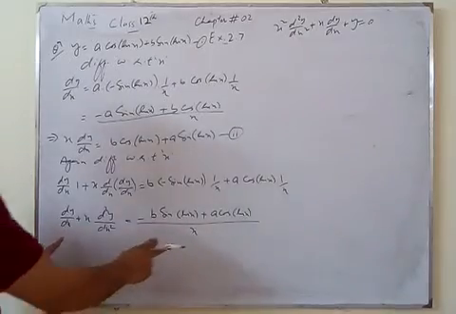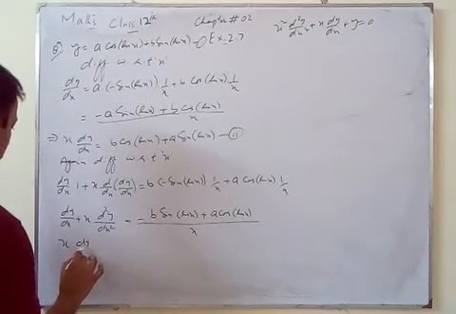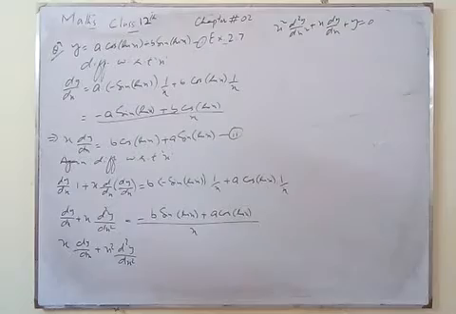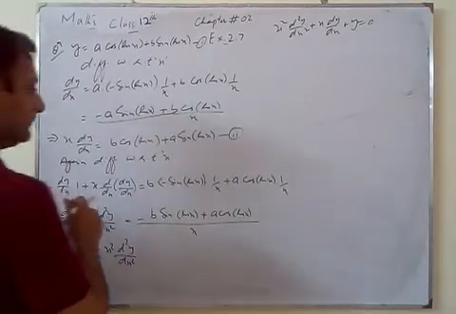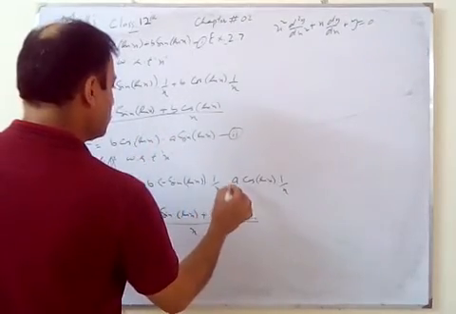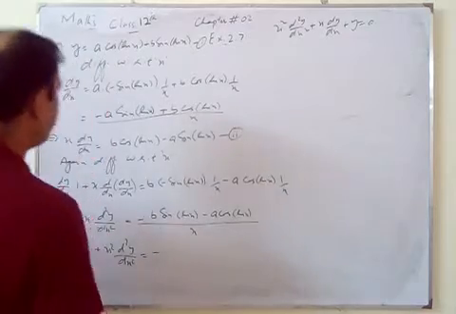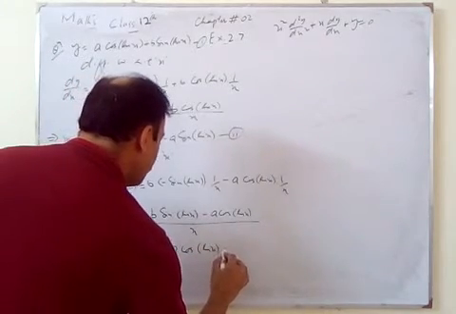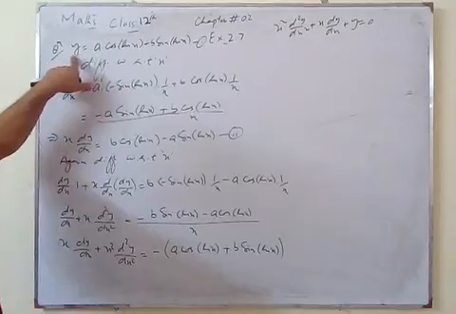So now multiplying x on the other side, we have x dy by dx plus x square d square y by dx square is equal to minus, if we take common and write it in sequence, a cos log of x plus b sin log of x, and this value is y.